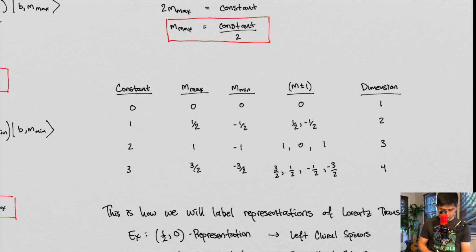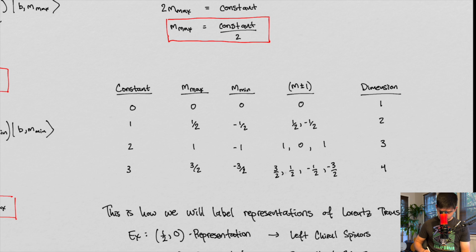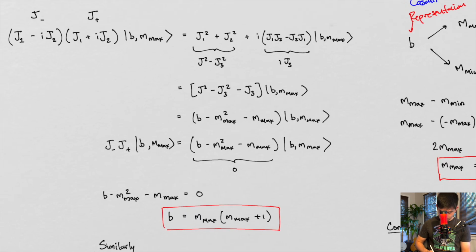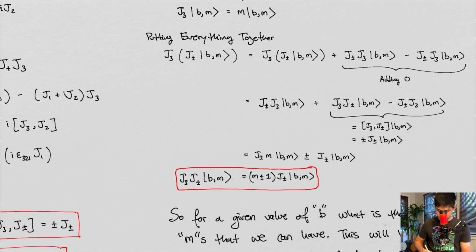Right, so if we set that equal to 1, then our m max is going to be 1/2, and our m min is going to be minus 1/2. Right, so for m, we can do m plus 1s, right? So the only two values we get then are 1/2 and negative 1/2, right? Because the difference is an m plus 1 difference, because what we found over here, actually. We found it right here, right? There's an m plus 1 difference between the elements within the representation.